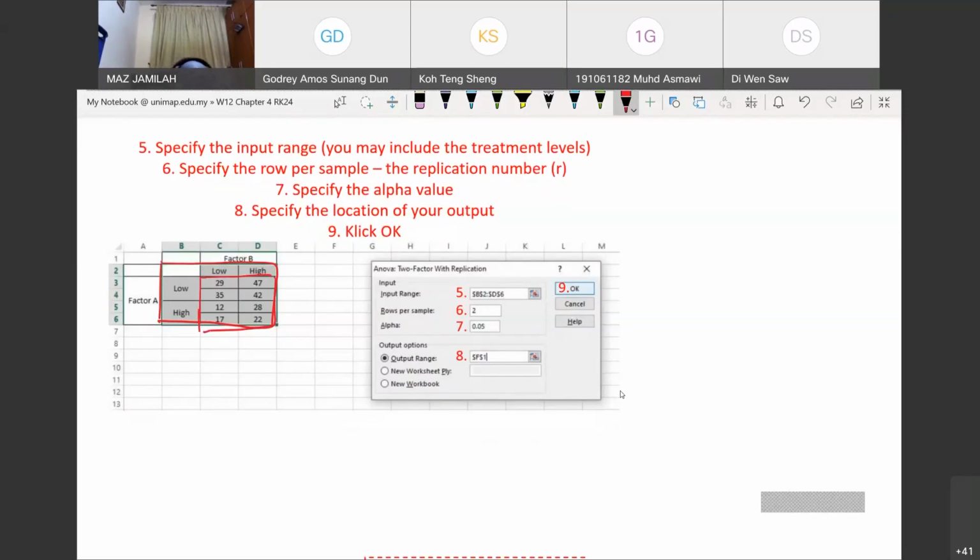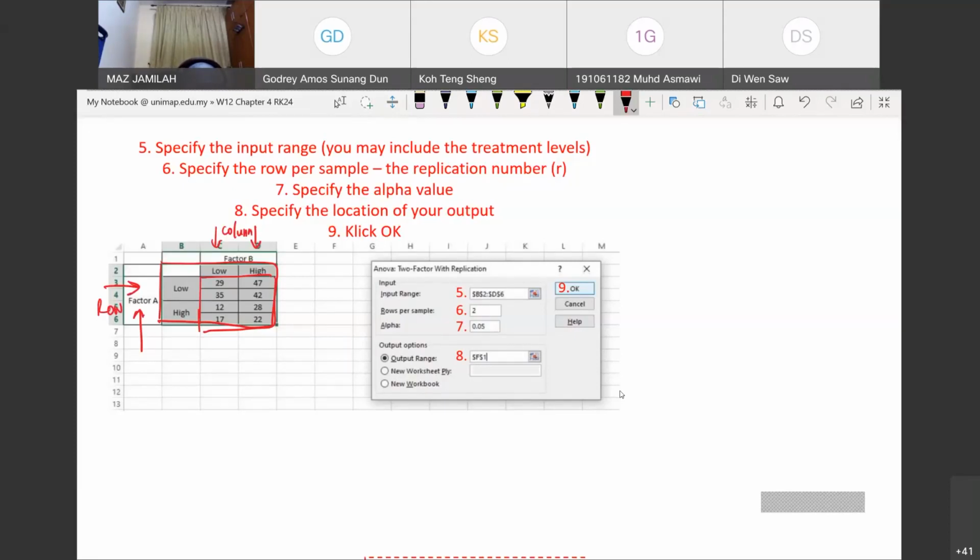But remember, you must know what is referring to this particular row and what is referring to this particular column. So we are calling this the column and we are calling this the row. Make sure you know the row is referring to which factor, A or B. Then go to Rows per sample. Rows per sample means how many data there are for each level.